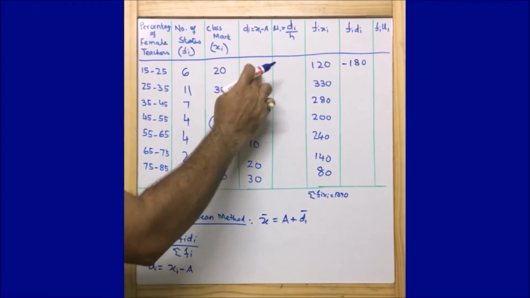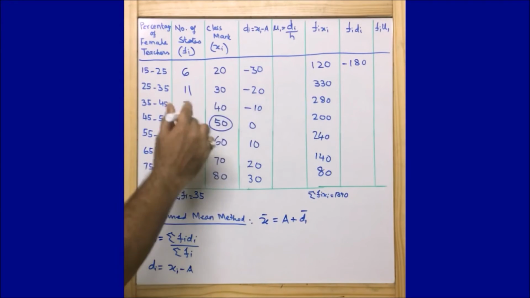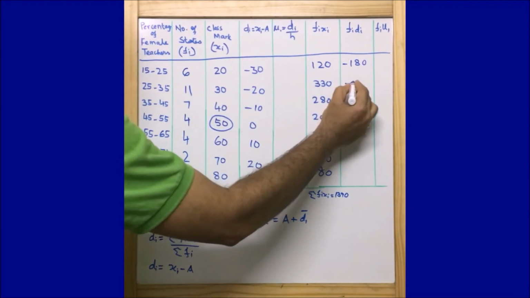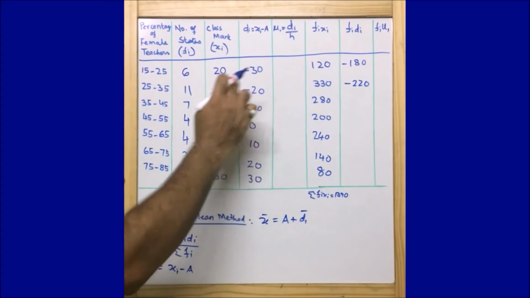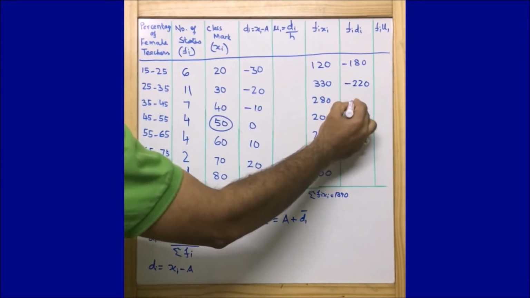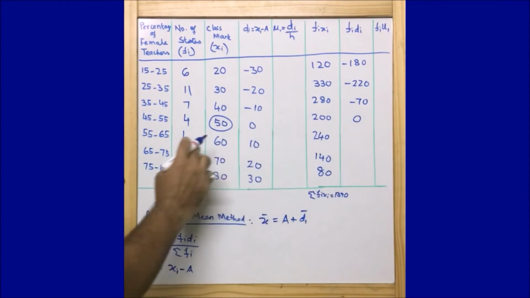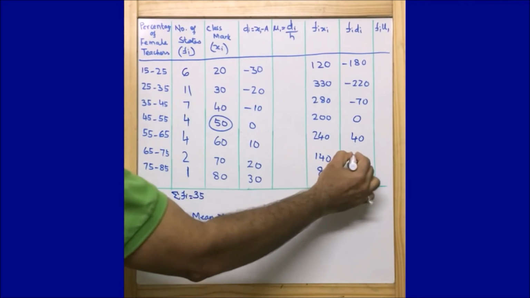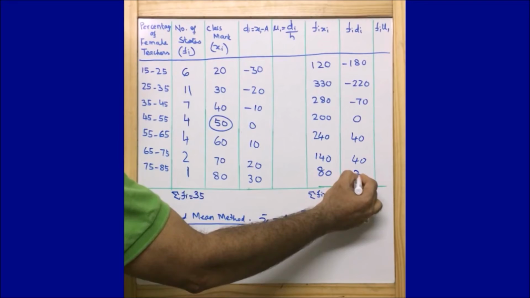Then 11 into 20 is 220, minus 220 because these are minus 20. 7 into minus 10 is minus 70. 4 into 0 is 0. 4 into 10 is 40. 2 into 20 is 40, and 1 into 30 is 30.